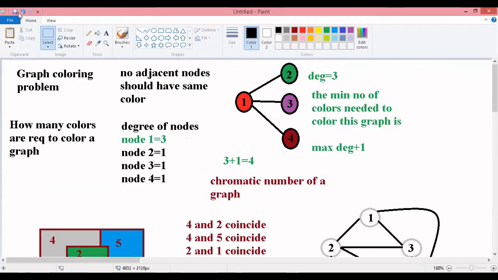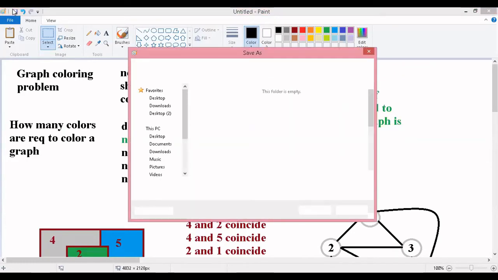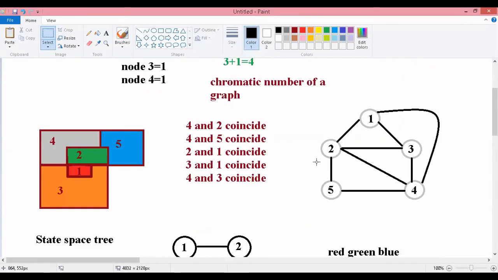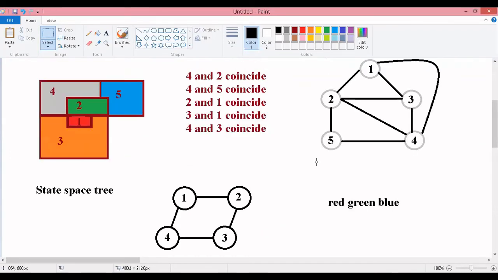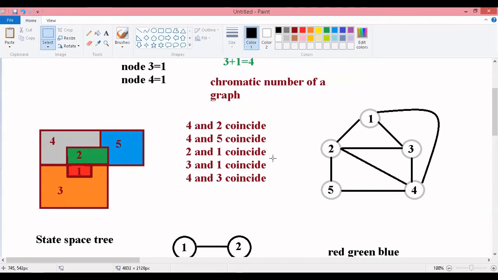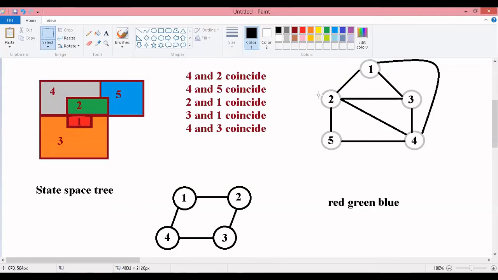Now, for that, yes, ma, tell me. Sir, 5 and 2 will not coincide, sir. 5 and 2 will coincide, ma. Yes. That's why I have drawn an edge between 5 and 2 also. Okay, sir.